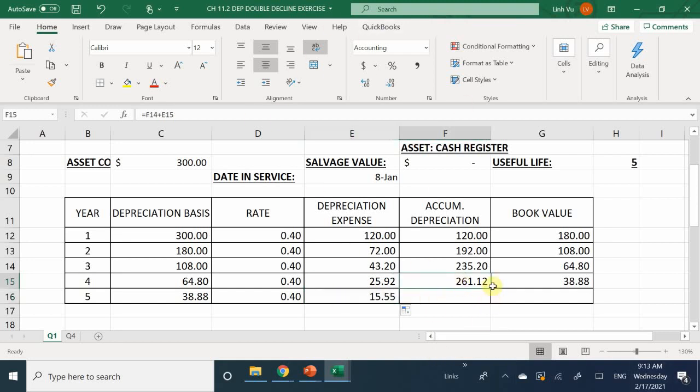Bringing my accumulated depreciation to 276.67, and bringing my book value to 23.33. All right, so that means we could keep going.